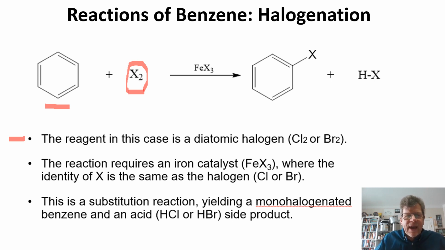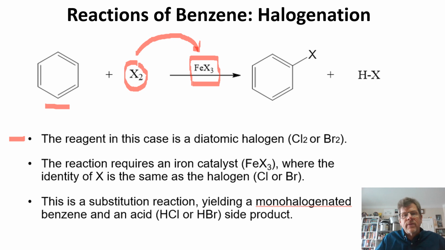But we have to add a particular reagent here. And that reagent is an iron catalyst given here over the arrow, and it's given as FeX3. Now, the reason this X is in there is because whatever we have as our reagent, whether chlorine or bromine, must exist on that catalyst.